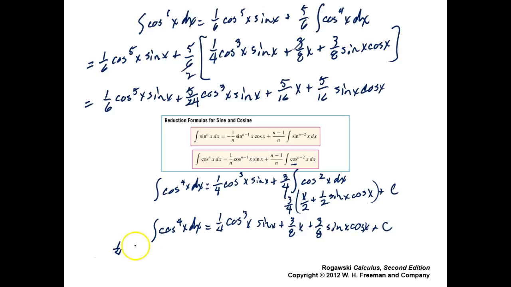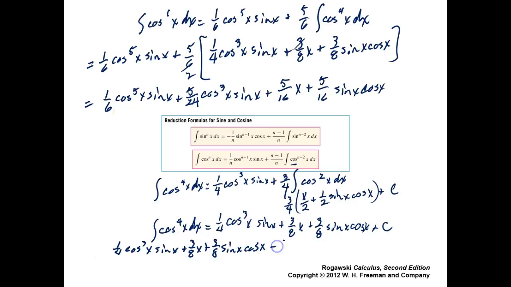1/4 cosine cubed x sine x plus 3/8 x plus 3/8 sine x cosine x, minus your cosine 6th x. Here's your cosine 6th x.